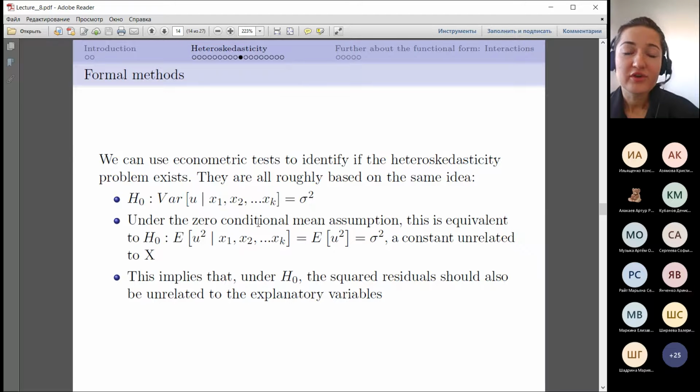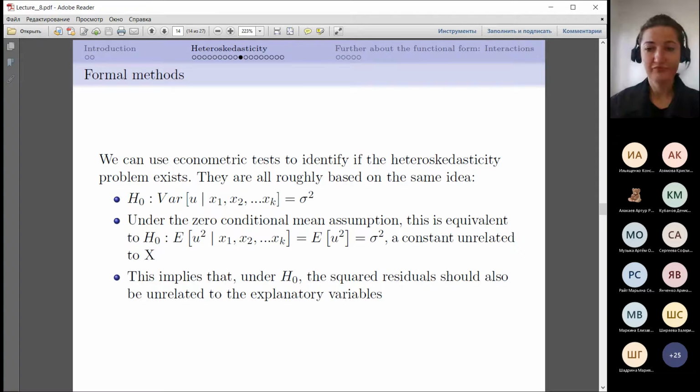First of all, we need to formulate the null hypothesis. And the null hypothesis in all these tests is that you have homoscedasticity. So we take the null hypothesis that the homoscedasticity assumption is true, and the variance of the error term conditional on your independent variables is the same.